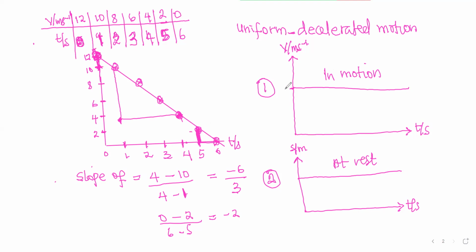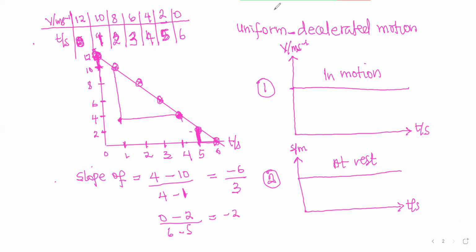Yes, as most of you said, the body is moving at a constant velocity, meaning it is in motion. Okay, and in the second one, it's a displacement time graph. If you have slope being 0, it means the body is at rest or stationary. That's the difference between them.